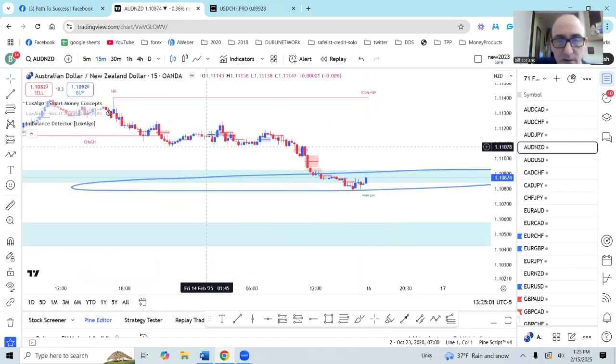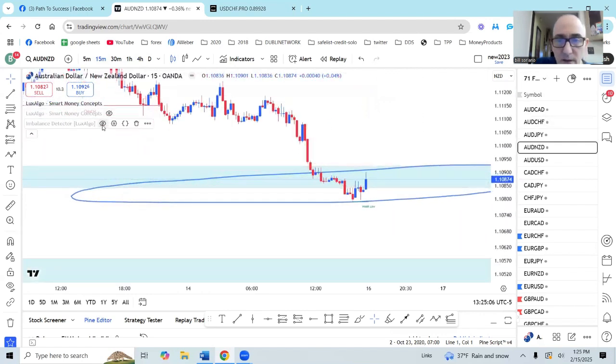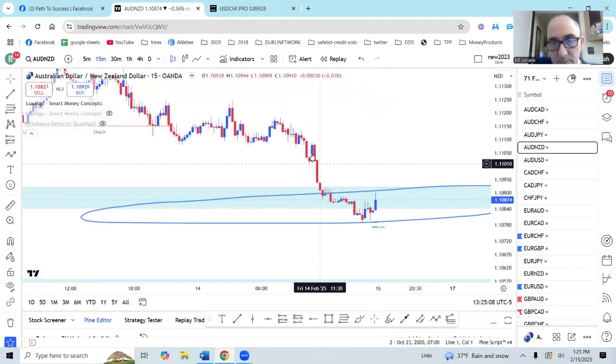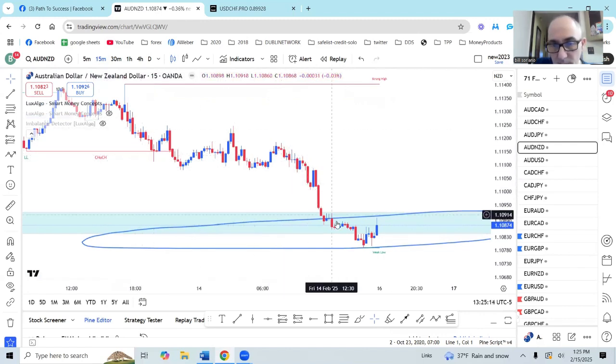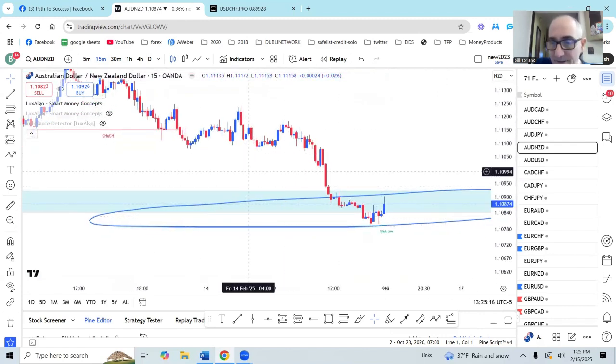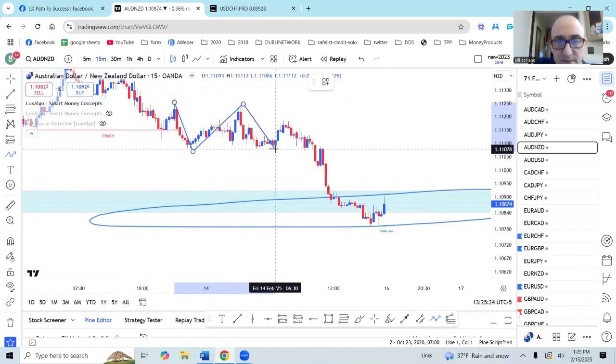So now on the 15-minute, if we look at this price structure here, we got price coming down. When I look at this price structure coming down here, what do I have? This, this, down to here, right?